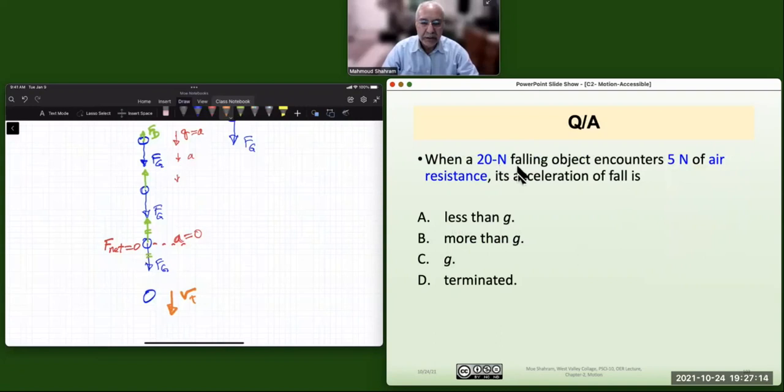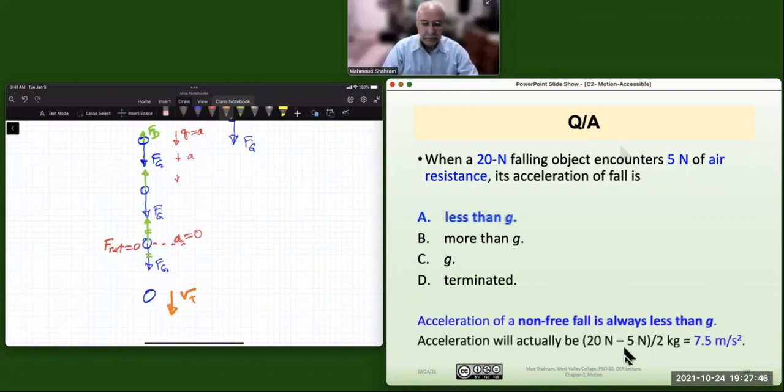When a 20 Newton falling object encounters 5 Newton of air resistance, what would be its acceleration of fall? Well, two forces: gravitational force and the air drag force, or air resistance force. So 20 minus 5, that would be the net force, right? 20 minus 5 divided by the mass.